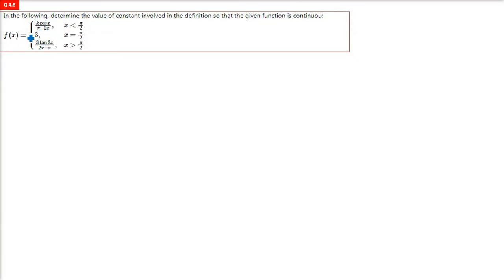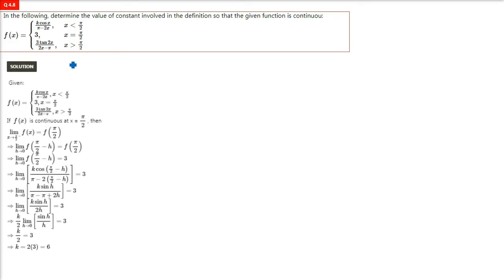So this is continuous. And the point of check is x equals pi by 2. And see, x equals pi by 2, 3 is already given. So rather than actually going through the left hand limit and right hand limit, we can very well see that only one computation is necessary. But you have to show the examiner that you are doing LHL, RHL both. Because pi by 2 minus h on the left hand side, pi by 2 plus h on the right hand side.